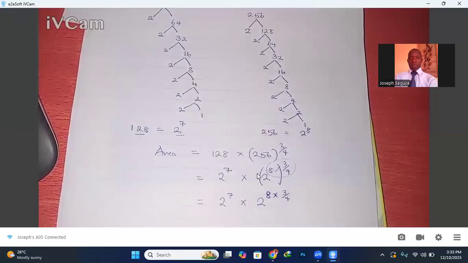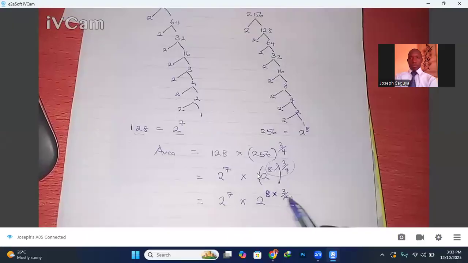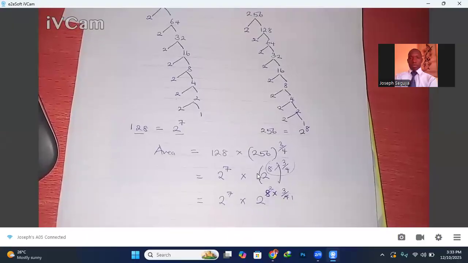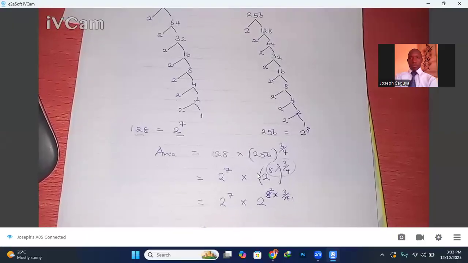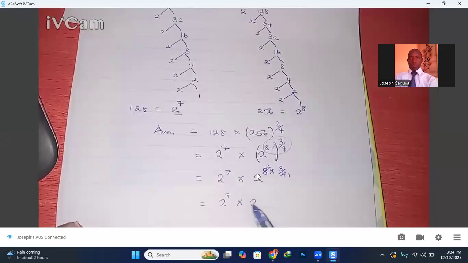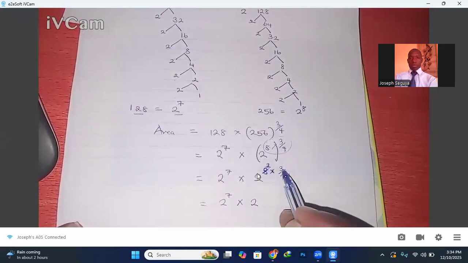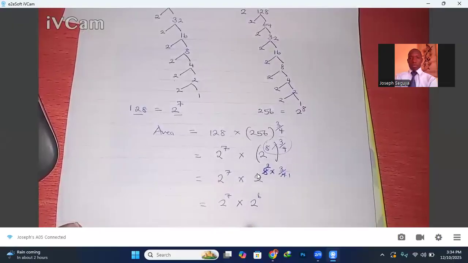You multiply the powers. So here you get 4 once, 4 into 8 is 2. And therefore you get 2 to the power 7 times 2 to the power, remember here we have 2, so 2 times 3 is 6.